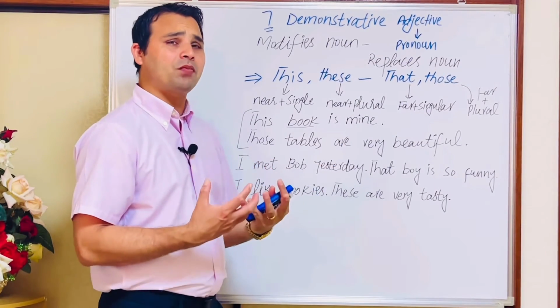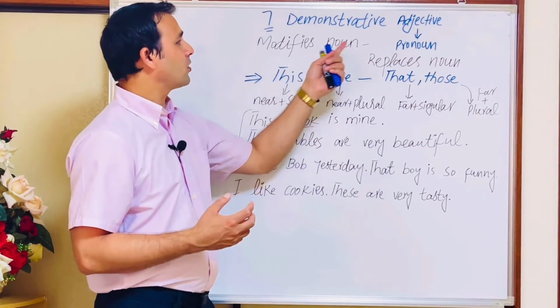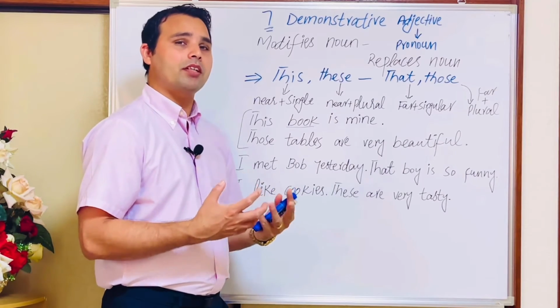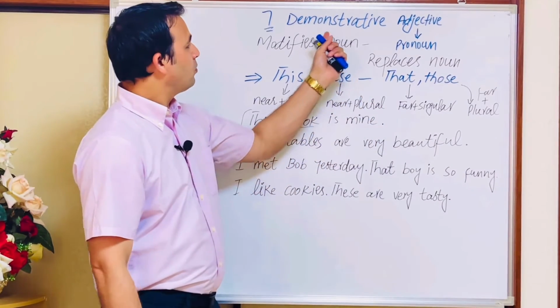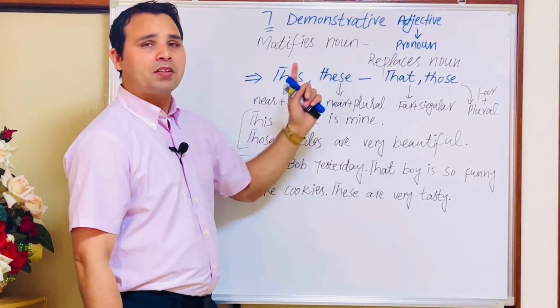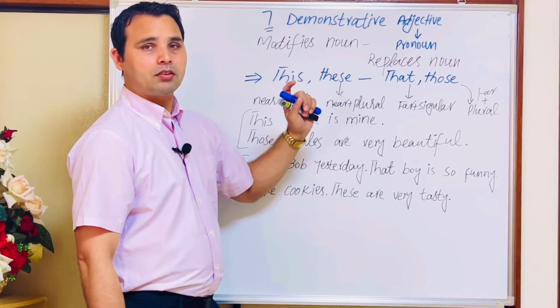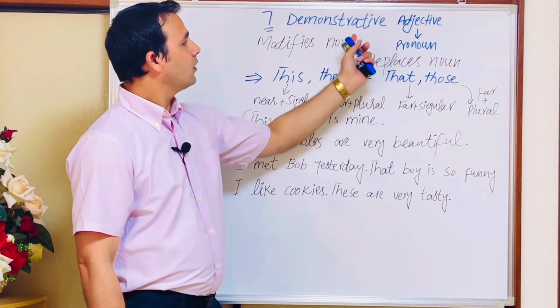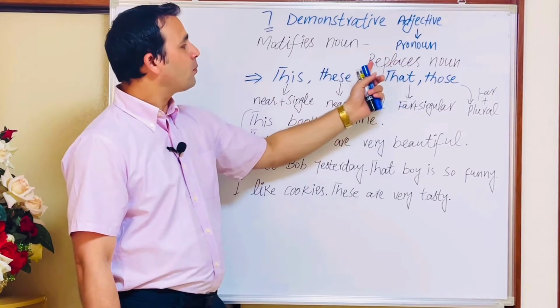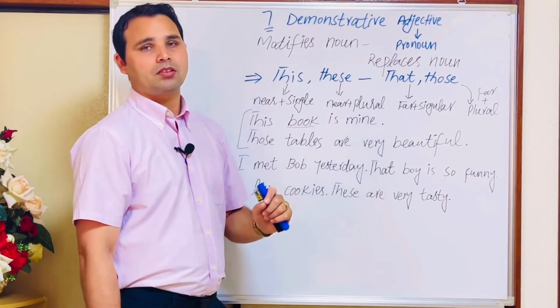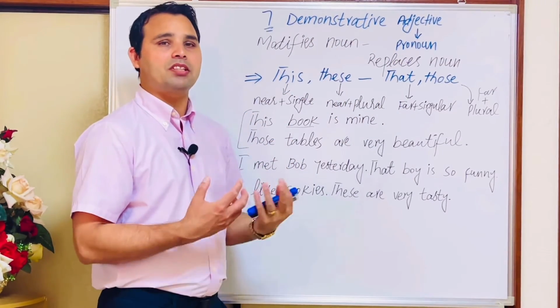So what's the major difference between demonstrative adjectives and demonstrative pronouns? A demonstrative adjective modifies a noun. On the contrary, a demonstrative pronoun replaces a noun that is already used in the sentence.